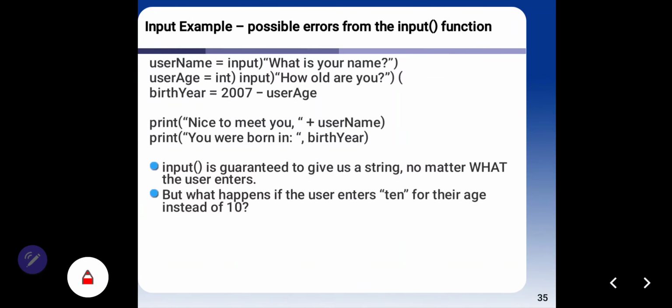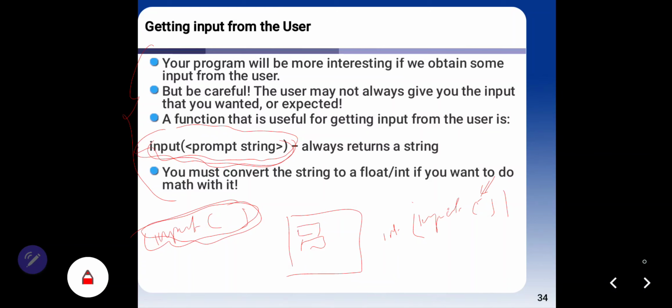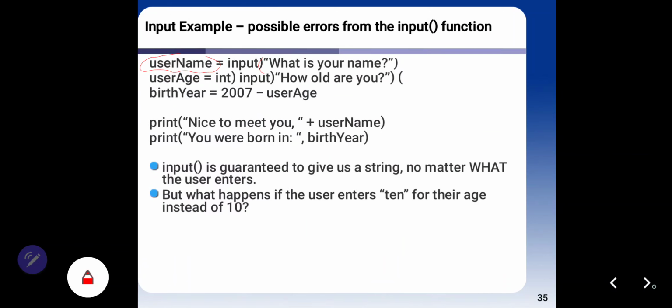Okay, I will show you this example about the input from your user. Username, this is the name variable, and then this input, this is the code for you if you want to get information from your user input.